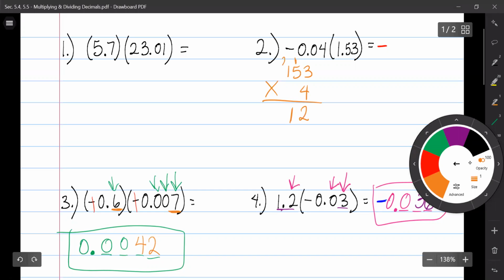So write down the 1 and carry the 2. 4 times 1 is 4, plus 2 is 6. So I got 612. And then I need 1, 2, 3, 4 digits after the decimal point. So I have 1, 2, 3, 4 digits after the decimal point. So my final answer is negative 0.0612.